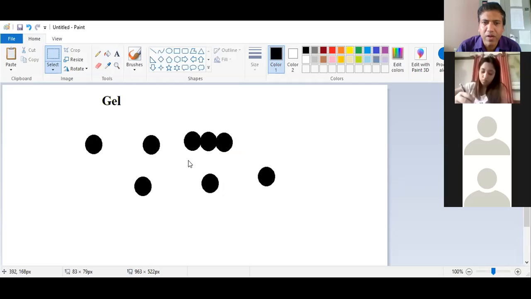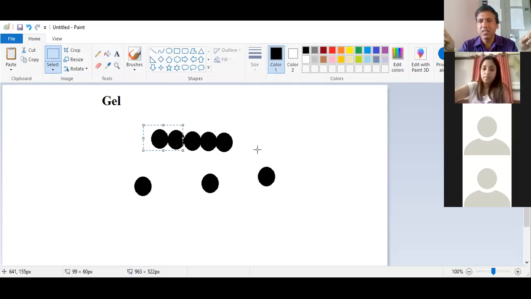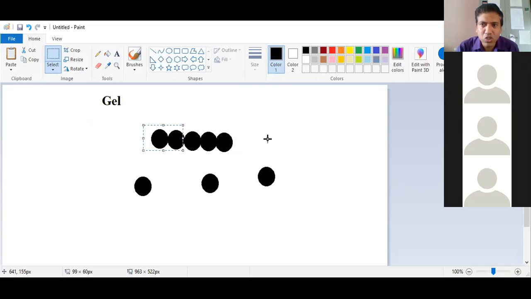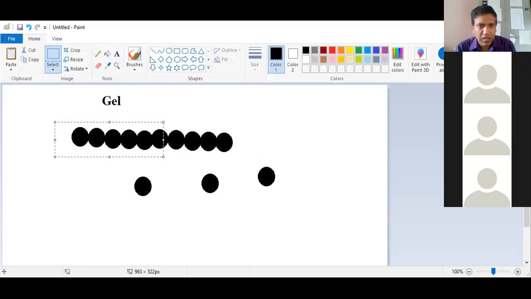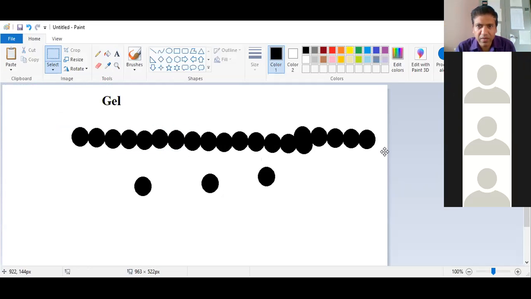So a big polymer will be formed in this way, and all these polymer chains will be cross-linked. If I show it properly here, this is how it will form a chain.